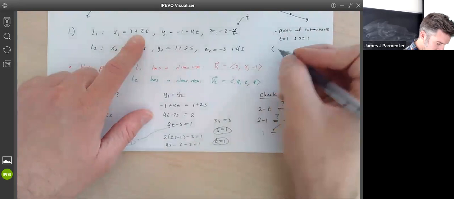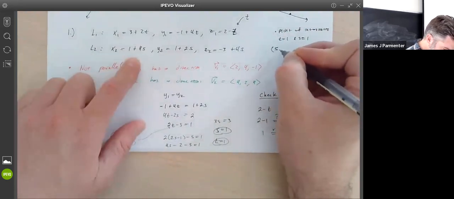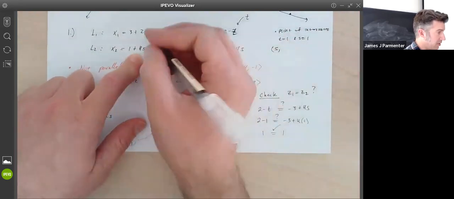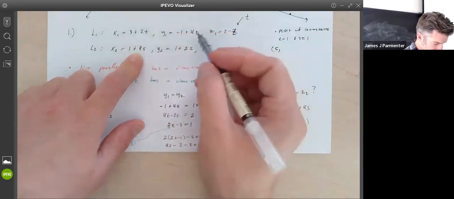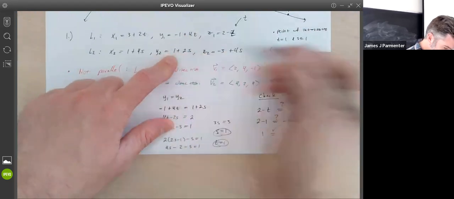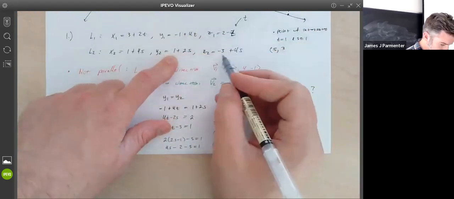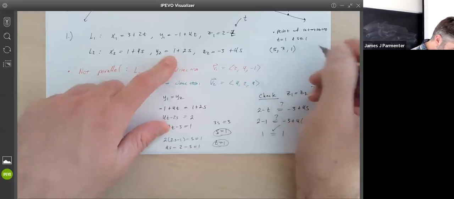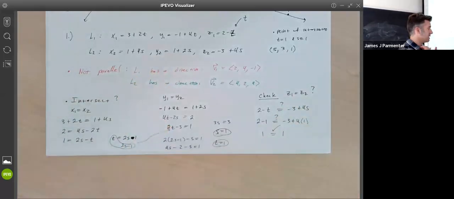Well, if t is 1, x is 5. If s is 1, then x is 5. I'm going to check both of them, even though I know they're the same. If t is 1, y should be -1 plus 4, which is 3, or 1 plus 2, which is 3. And z is 2 minus 1, or -3 plus 4, which is 1. So 5, 3, 1 is the point where these two lines intersect each other. Kind of cool. Kind of a pain in the butt.